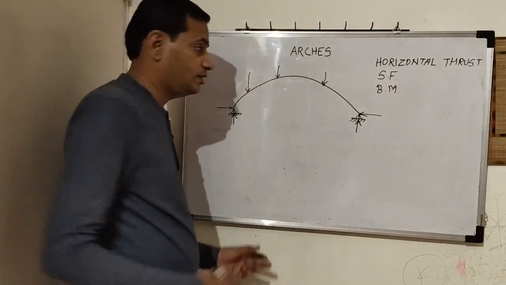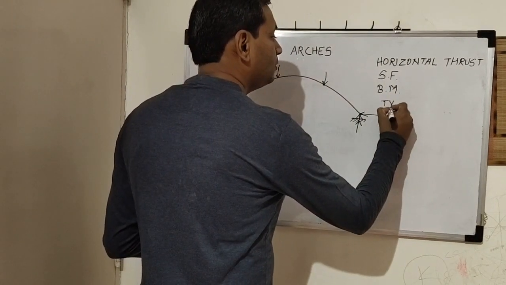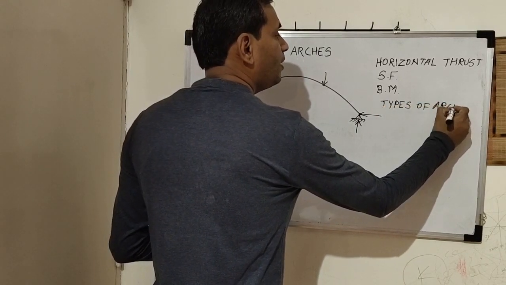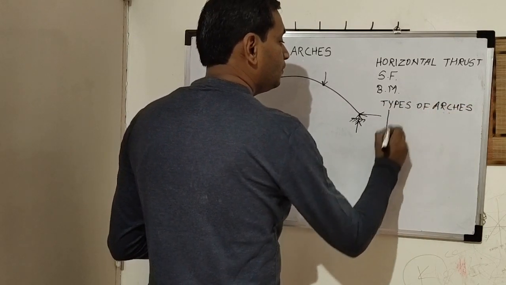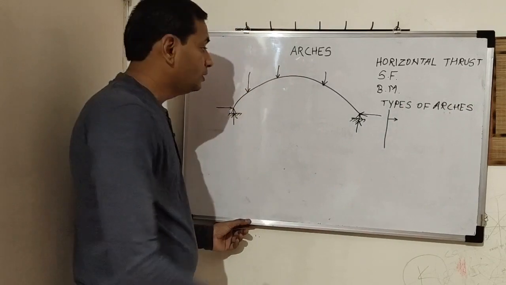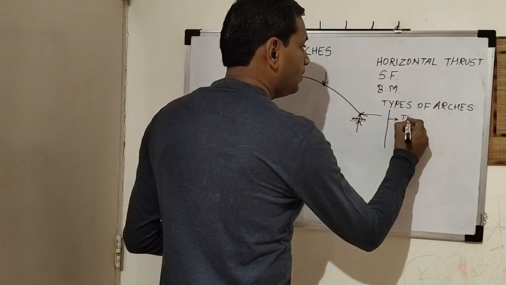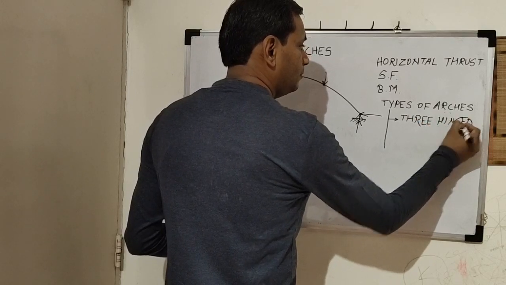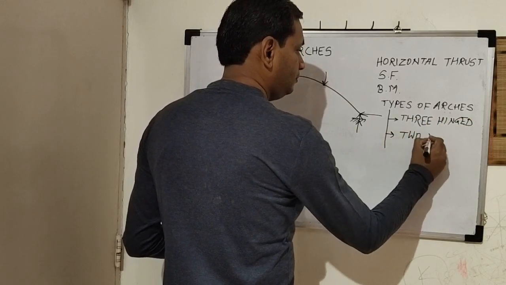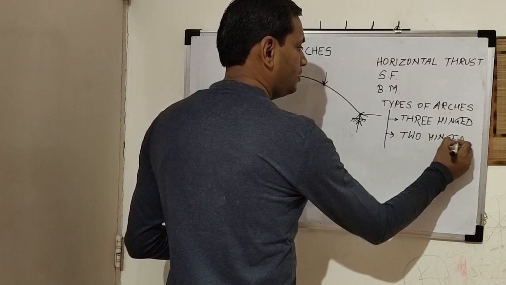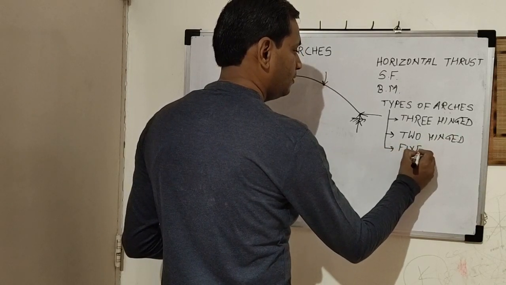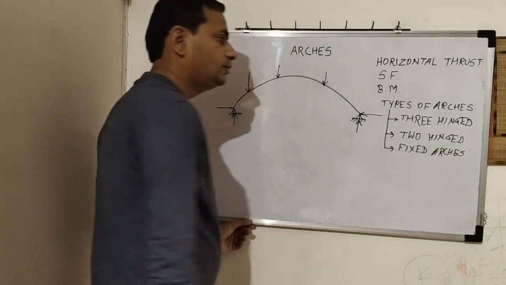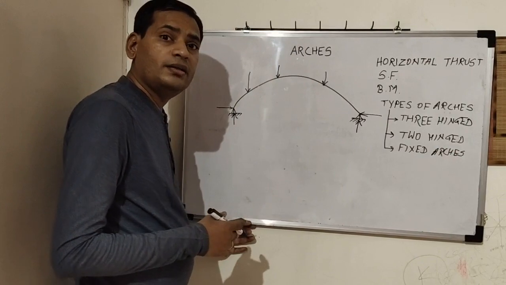Again, there are types of arches. What are the types of arches? The types of arches depend on the number of hinges provided. So this classification is from a structural point of view. One is 3 hinged arches. Second is 2 hinged arches, and third is fixed arches. Three hinged, 2 hinged, and fixed arches.